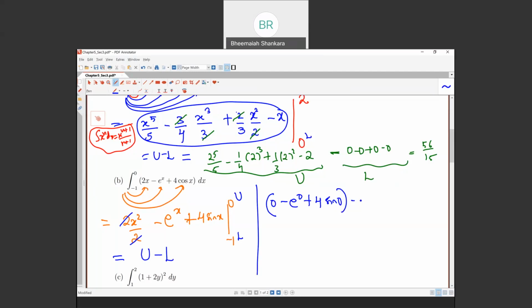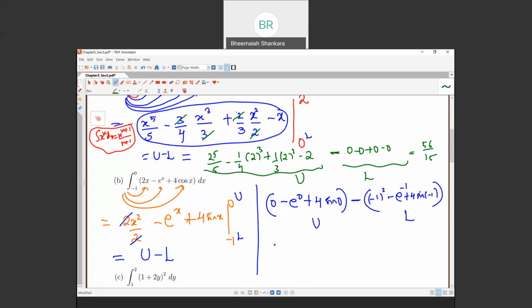Minus the lower limit. This is upper, this is lower. Plug in x equal to negative 1. So this becomes negative 1 squared, and then you have negative e to the negative 1, and then you have 4 sine of negative 1. Let's simplify each of these brackets.